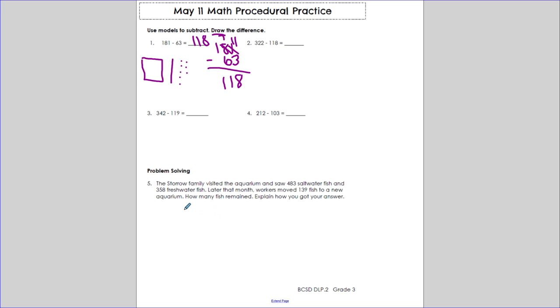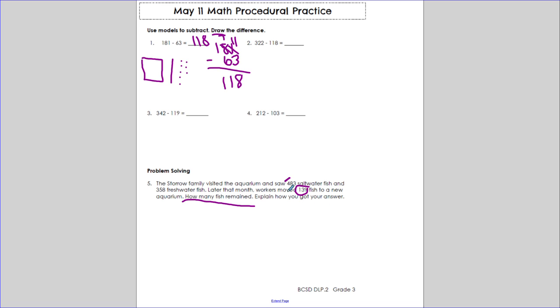Okay, so I want to know how many fish are still in the aquarium. Well, I know 139 left the aquarium, but how many were there to begin with? Well, I know there's 483 saltwater and 358 freshwater. This doesn't tell me which ones moved, so I'm just going to talk about the fish as a whole.